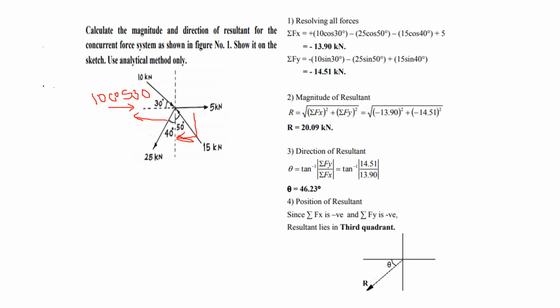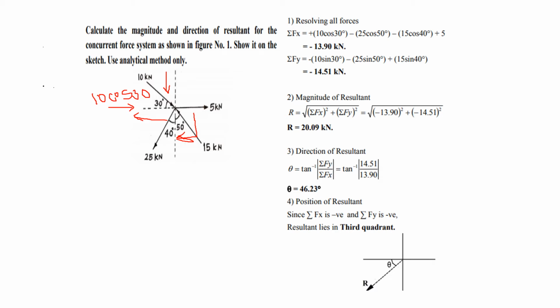Then we will find summation Fy. For summation Fy, we will take vertical forces, that is forces in the y direction. So minus 10 sin 30, its vertical component is like this. It is downward, so we have taken minus, and upward we will take positive.